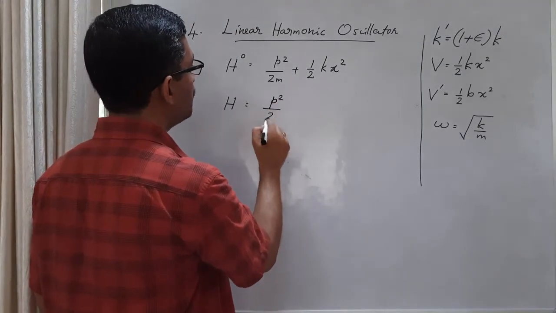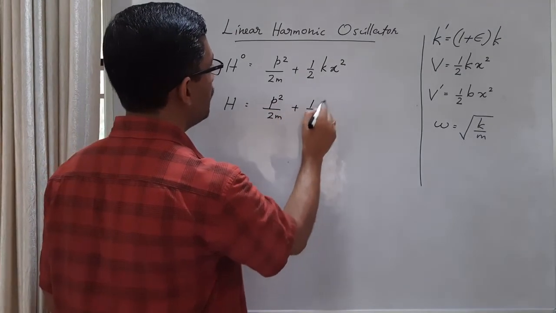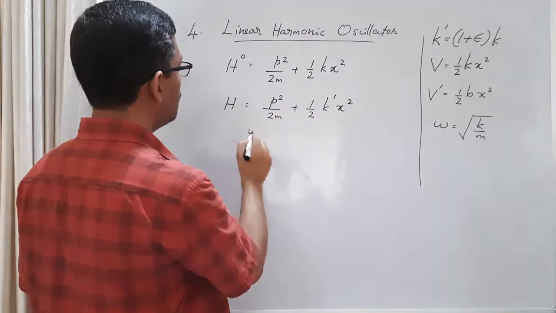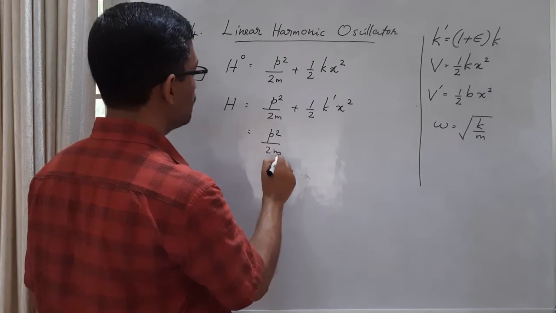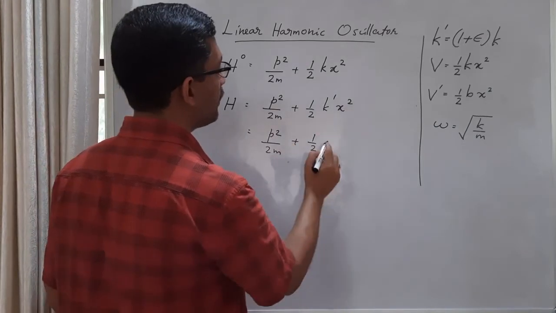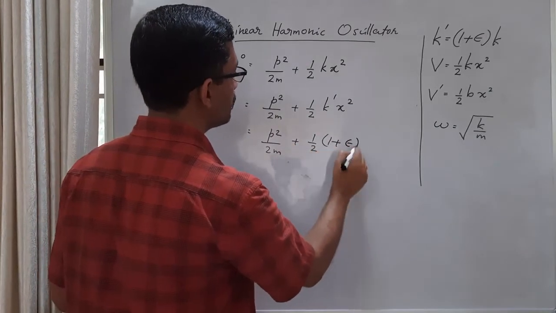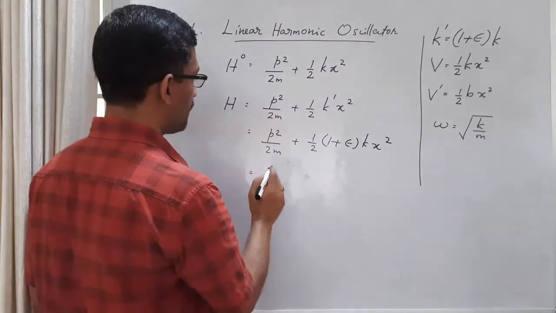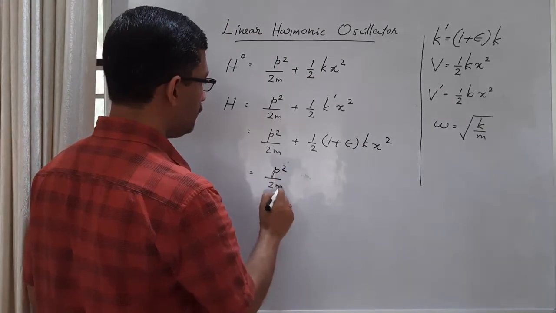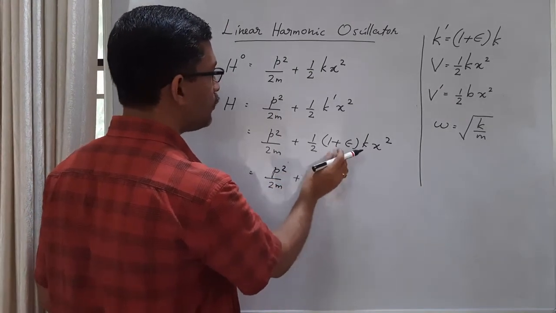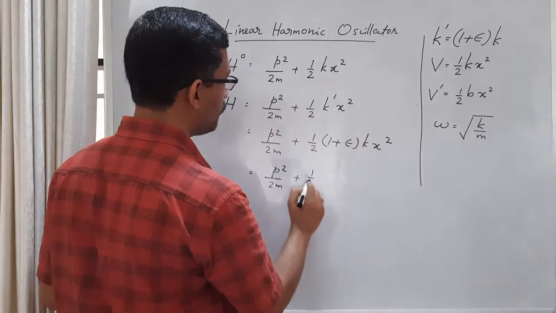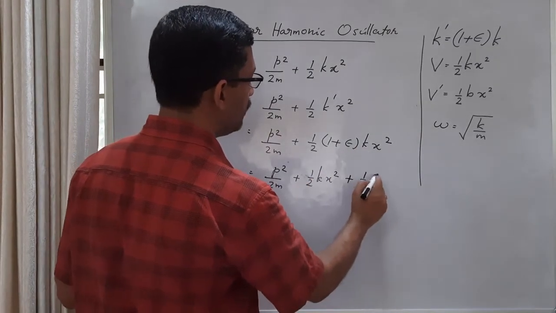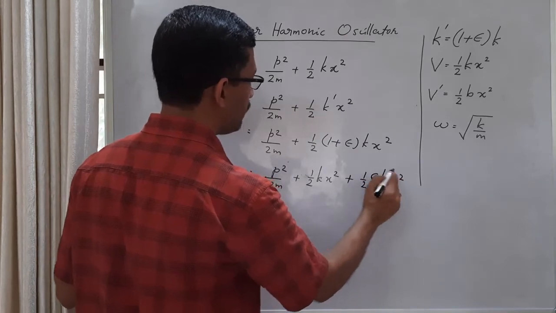It will be p square by 2m plus half k prime x square, where k prime is 1 plus epsilon times k. Just open this bracket. So we have p square by 2m plus, first term will be half k x square, plus second term will be half epsilon k x square.